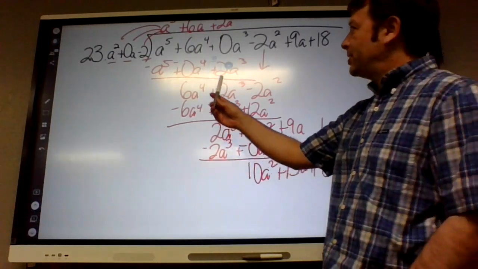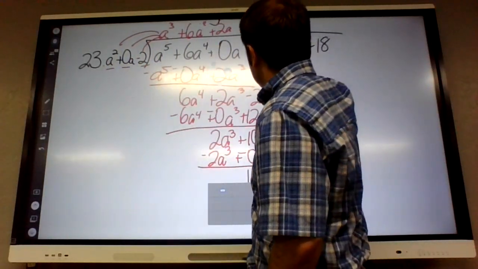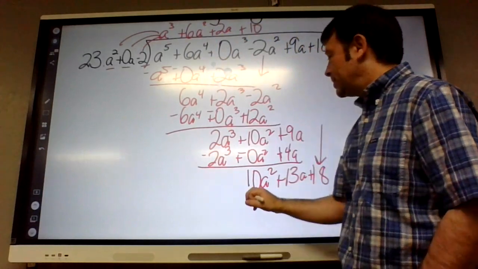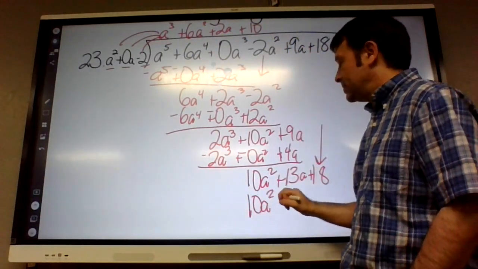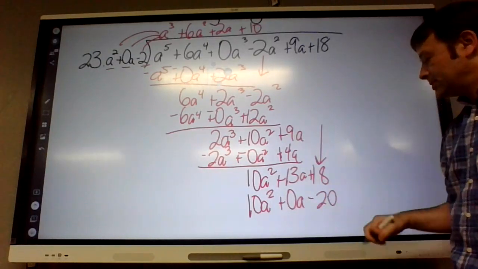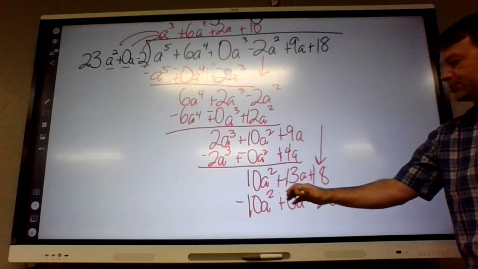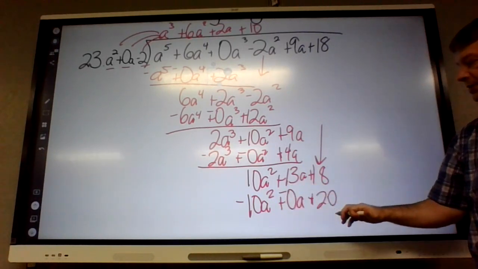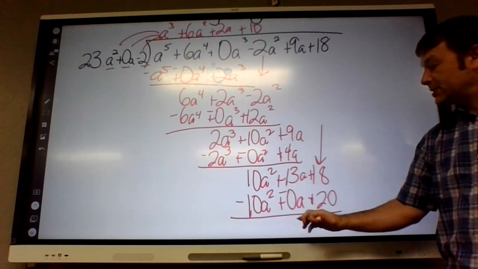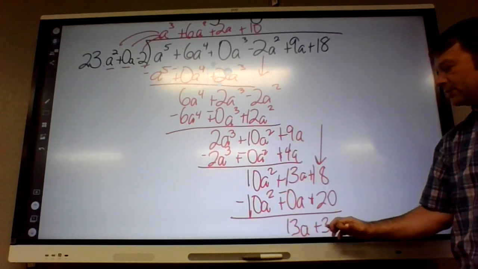What's 10a squared divided by a squared? 10. So 10 times all that stuff over there is 10a squared, 0a, minus 20. And subtract, makes it 13a plus 38.